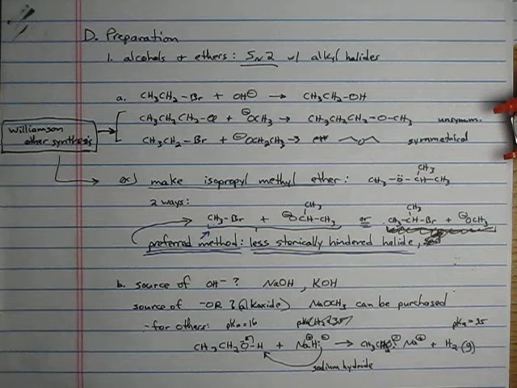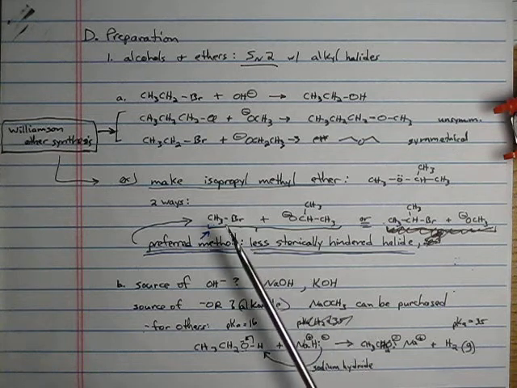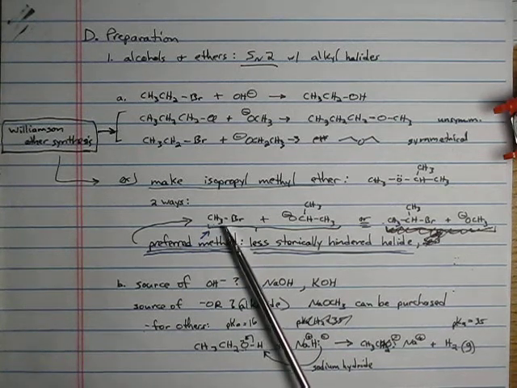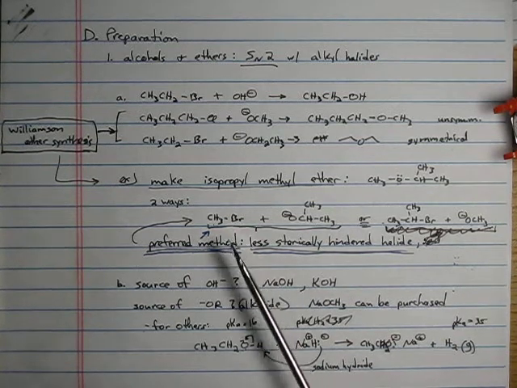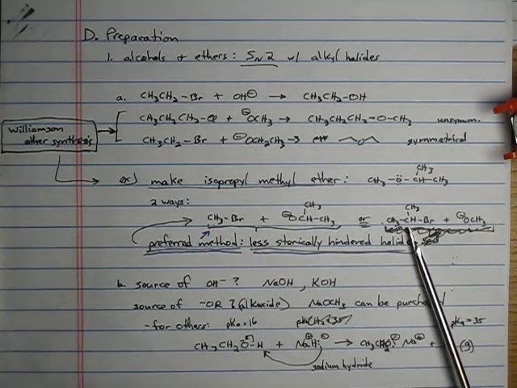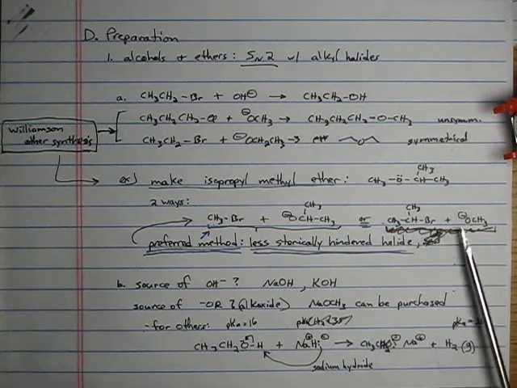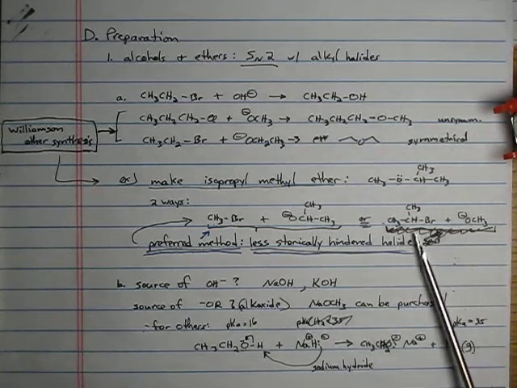However, since this is going via SN2, we know that primary substrates are more favorable for SN2. Therefore, the less sterically hindered alkyl halide substrate is the best way. So here, this is a secondary substrate, strong base. You might run into a little bit of E2 happening here.